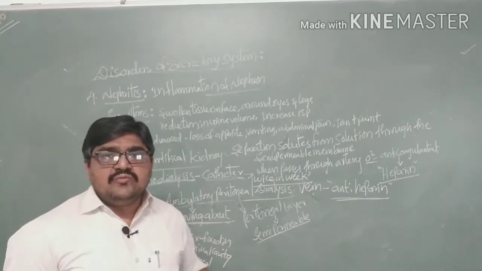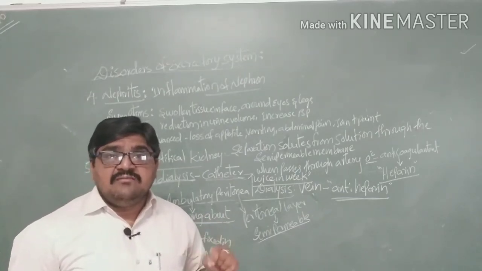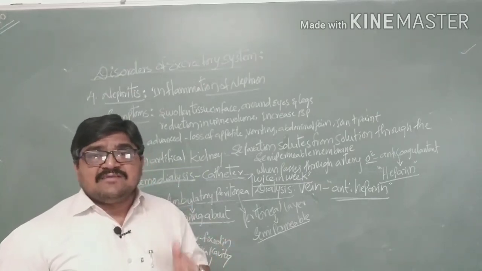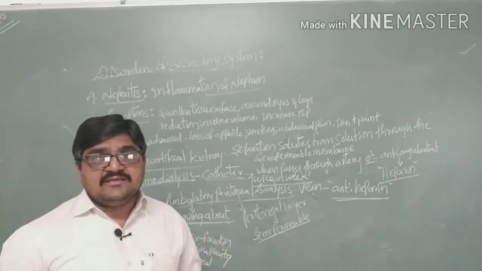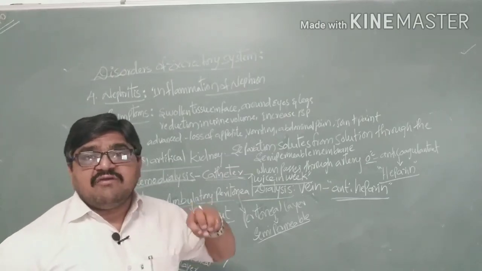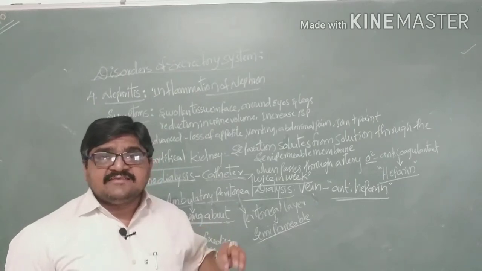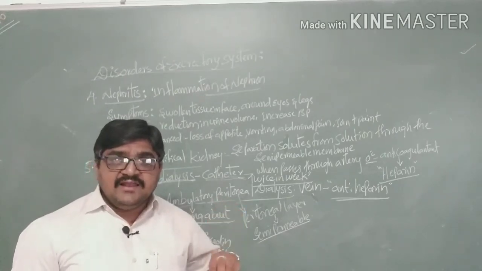So these are the two methods by which the separation of toxic substances from the body takes place artificially, when both kidneys have failed.